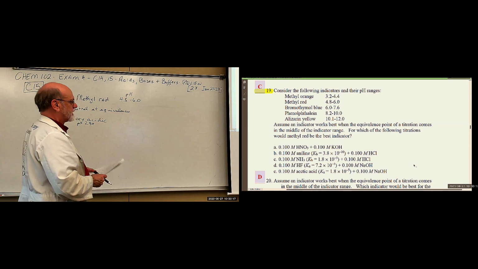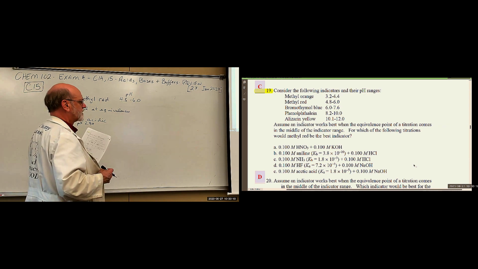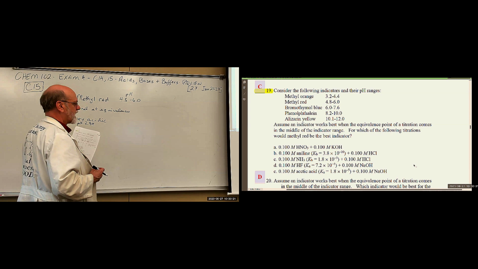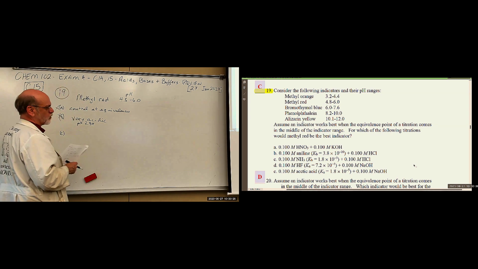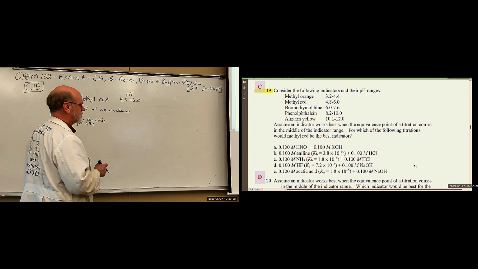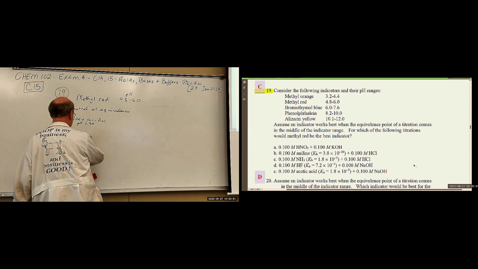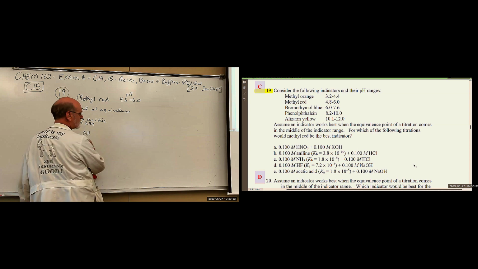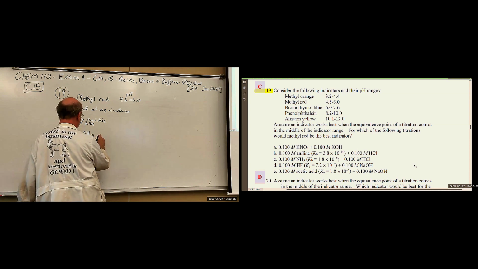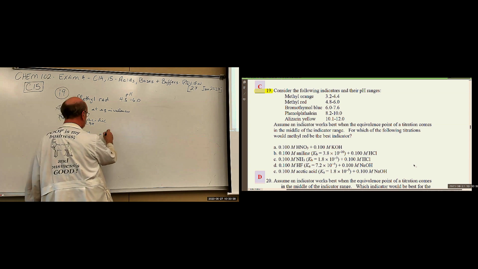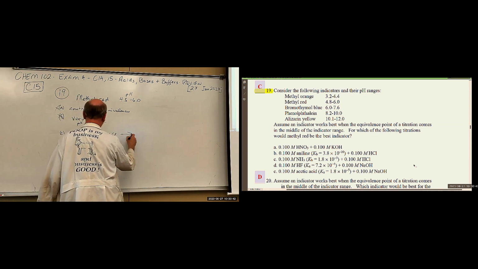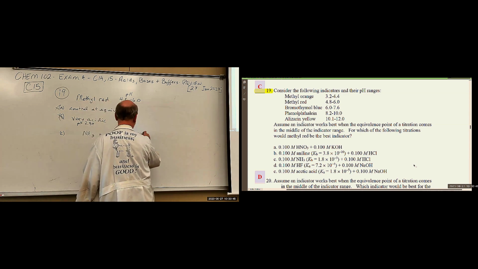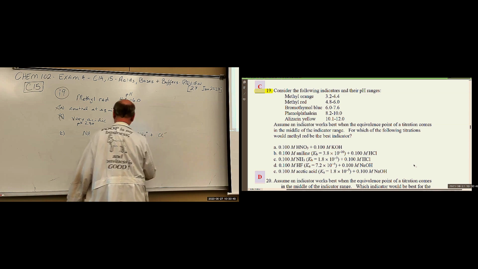How about the next one? 0.1 molar ammonia and hydrochloric acid. All right. So if our Kb is 1.8 times 10 to the minus 5, NH3 plus HCl yields NH4+ Cl-.